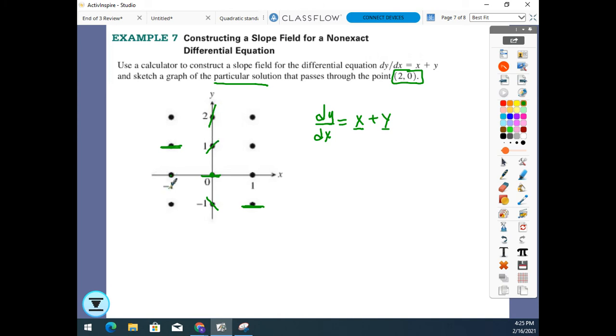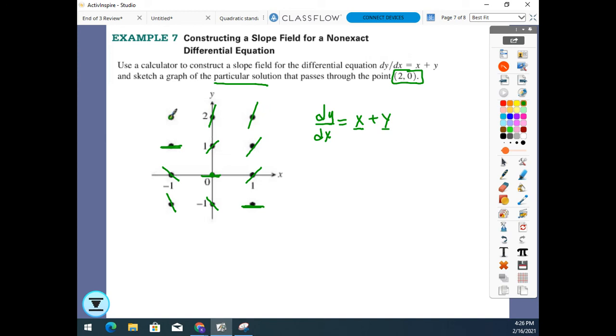So consider (-1, 0), which has a -1 slope. (-1, -1) is going to be a -2 slope, so it's negative but a little steeper. (1, 0) has a +1 slope, so I should go up. (1, 1) is +2, (1, 2) is +3. It gets hard to really distinguish the +1, +2, and +3 slopes, so we just try to get a little bit steeper as we go.